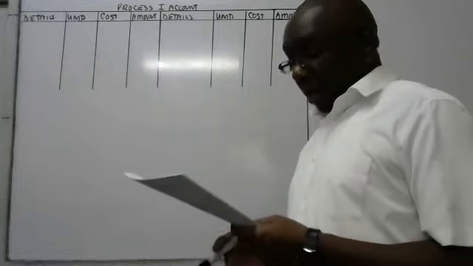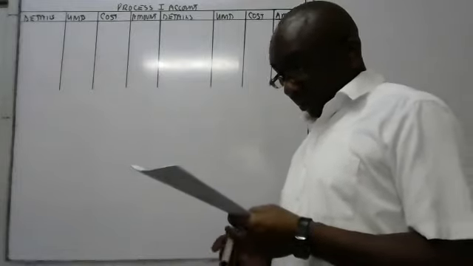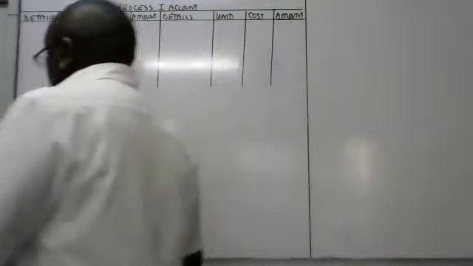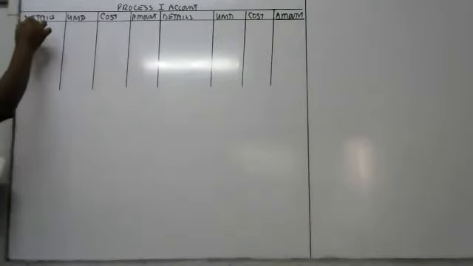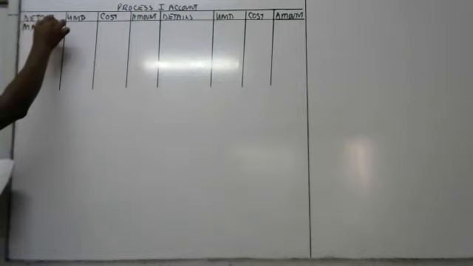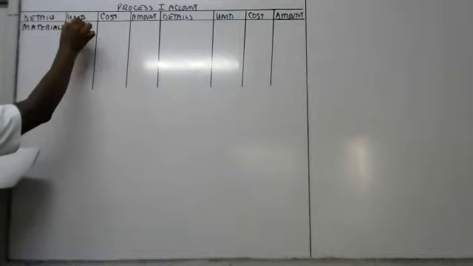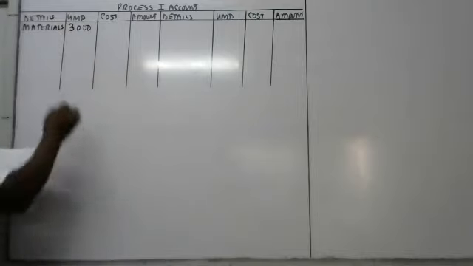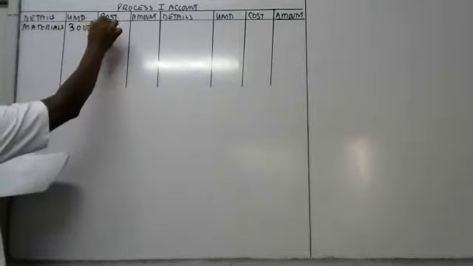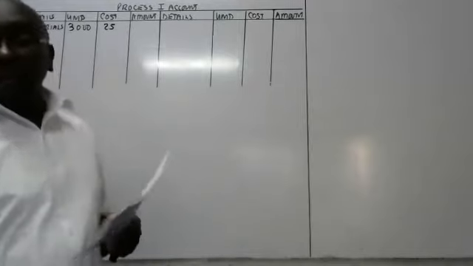So in process 1, we have materials which are 3,000 units. And then the cost is 25. So 3,000 times 25 is how much?